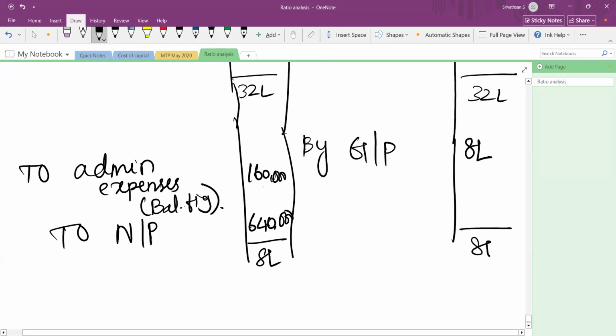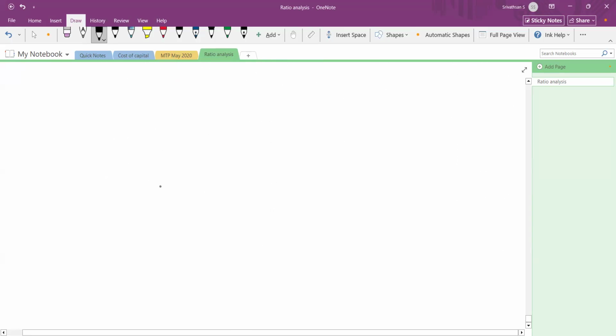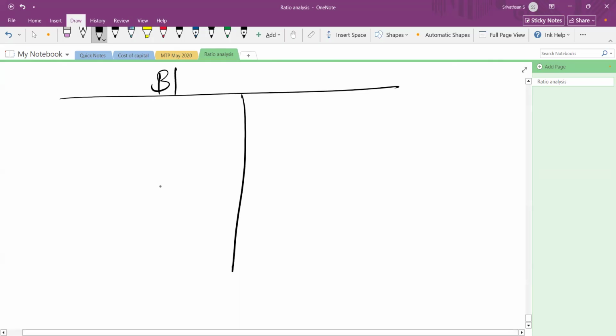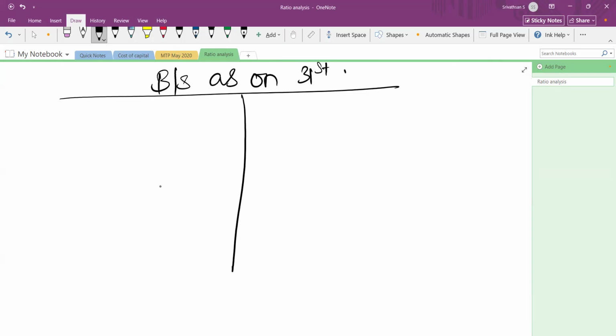What is the total of the balance sheet you are getting? Is it matching both the sides? Let's check it. Balance sheet as on 31st March, assets and liabilities.